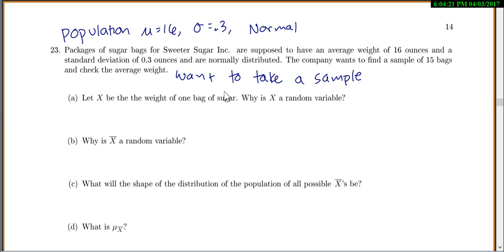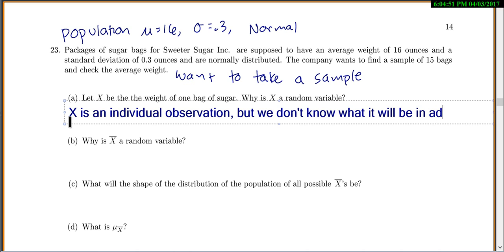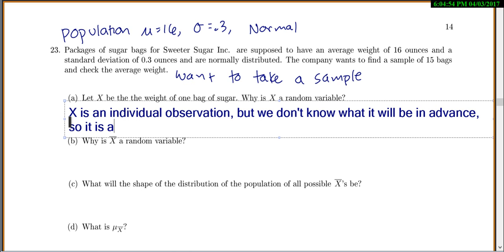Okay. Why would x be a random variable? So remember, a random variable is something that we don't really know what it's going to be in advance. Okay, so why would it be a random variable? We'd say x is an individual observation, okay, but we don't know what it will be in advance, so it is a random variable.